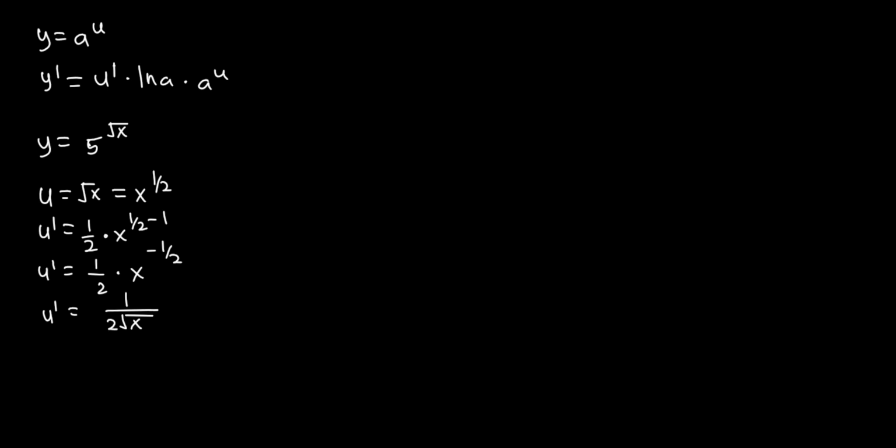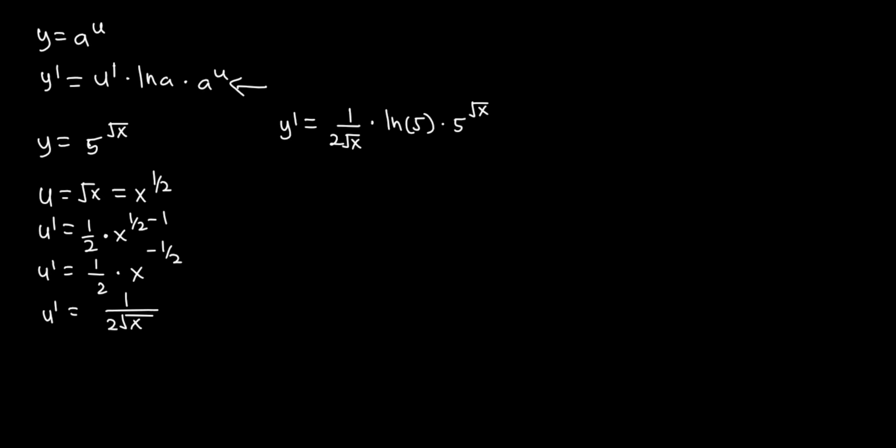Now let's substitute this into the general formula. We're going to have y prime equal to u prime, which is 1 over 2 root of x, times ln of a, so that will be ln of 5, times a to the power u, so that will be times 5 to the power square root of x.